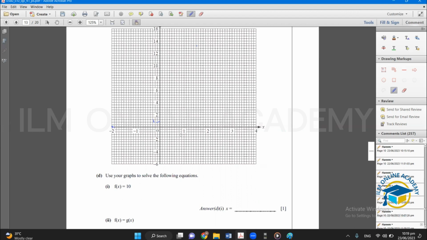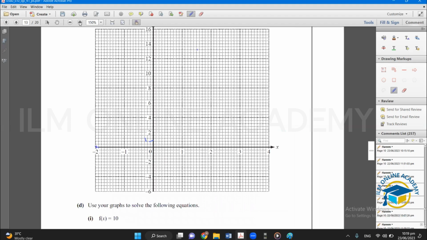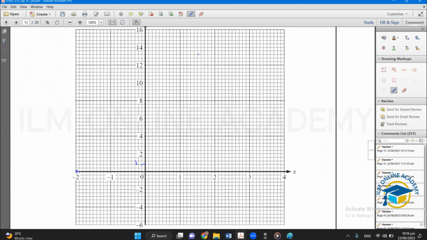So there are 10 boxes. Let me zoom in. It's 1, 2, 3, 4, 5, 6, 7, 8, 9, 10. So -1.5 is here.